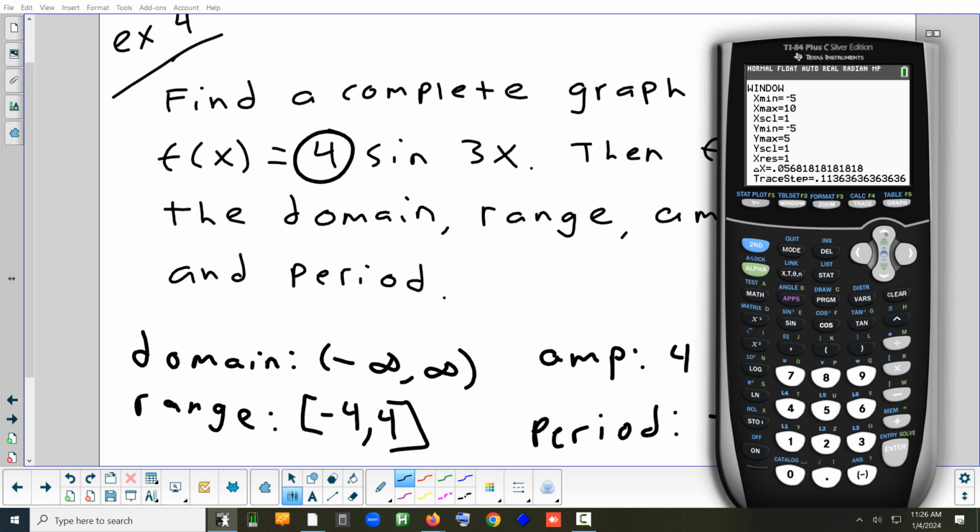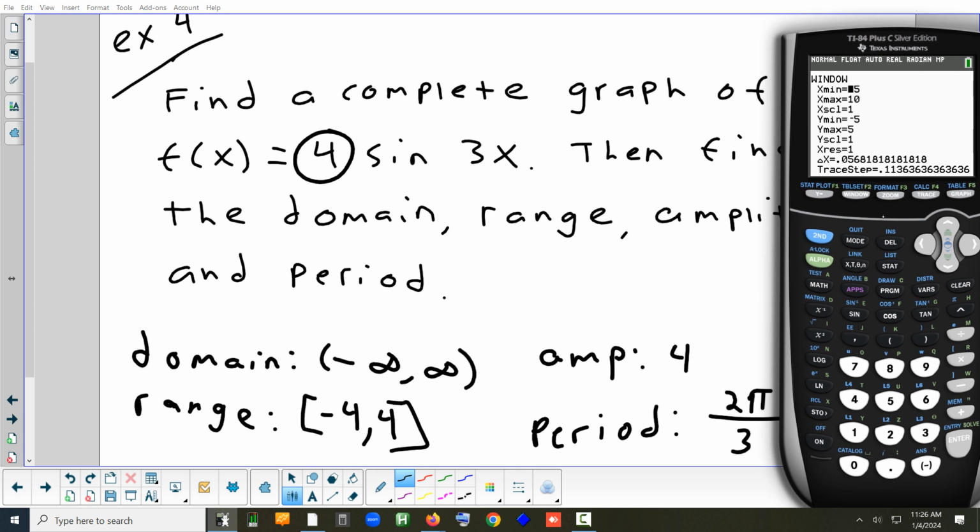All right, now the x's. It's always good if you show at least one period, one full cycle. How long is one cycle of this graph? 2 pi over 3. One cycle is 2 pi over 3 radians long.